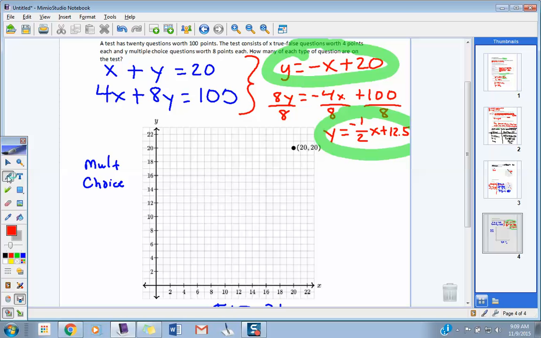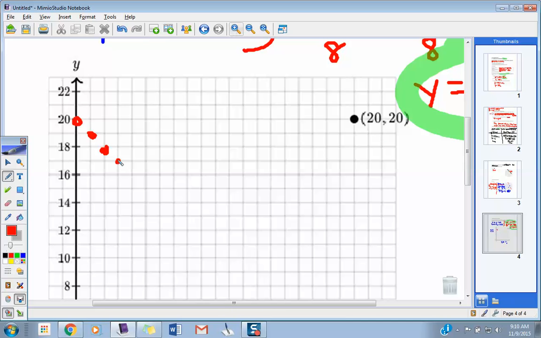So down 1 over 1. Everybody agree? Yeah. All right, so I'm going to start at 20 right up here, and I'm just going to keep moving down 1 over 1 each time until I get to the other end. Dot, dot, dot, dot.